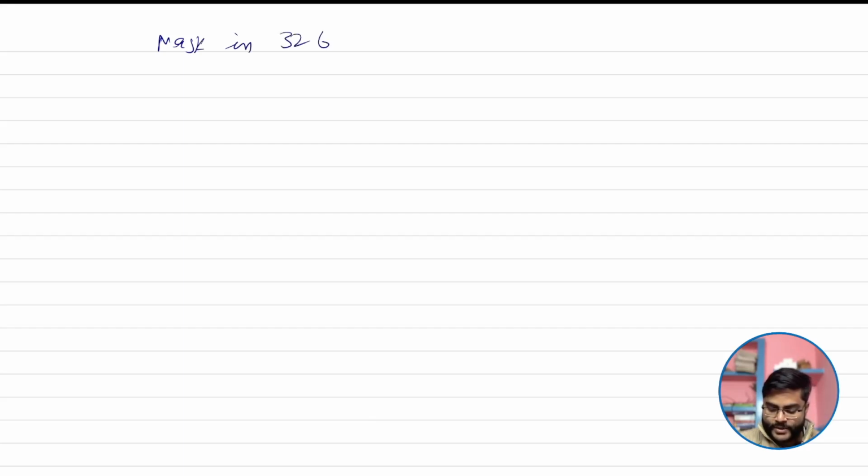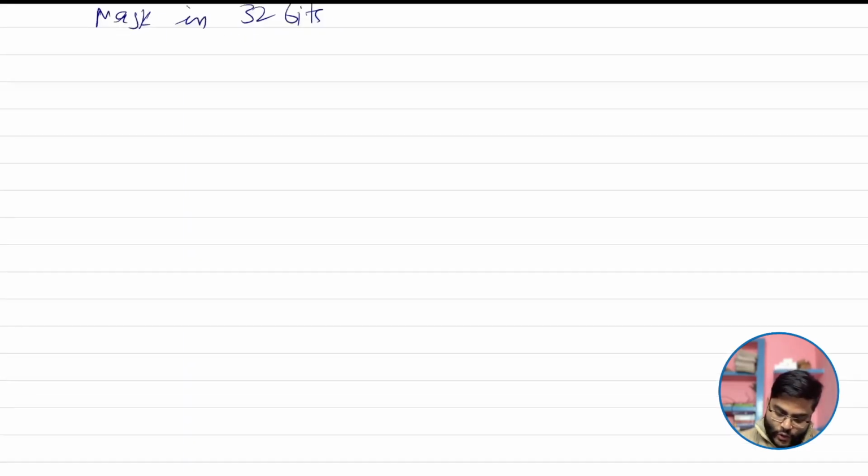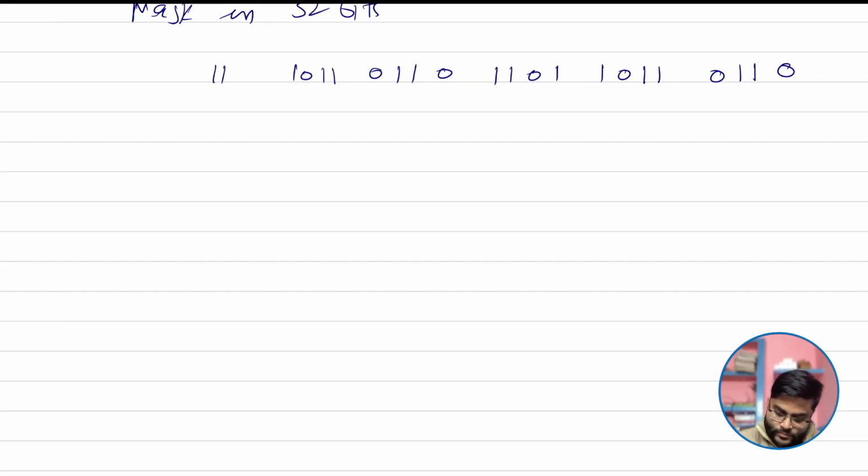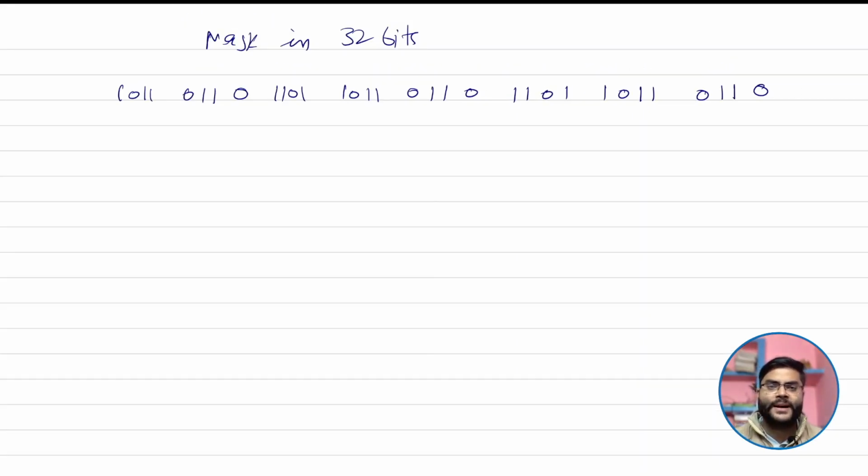From the last, every third bit can be a power of 8. So put 0 at every third bit. So if I write my mask in 32 bits, I can write it like this.